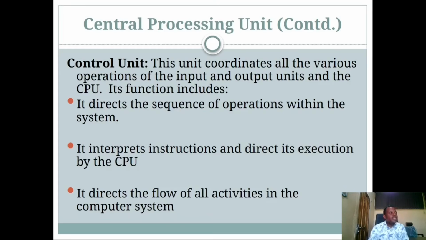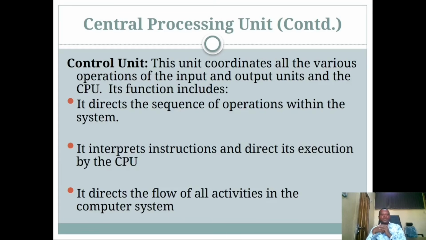It's the control unit that determines where the results of the operation will be stored. It is the control unit that also determines which output unit or device will be responsible for getting the output from the computer system. So you now see that the control unit controls the traffic. It coordinates the various operations of the computer system.